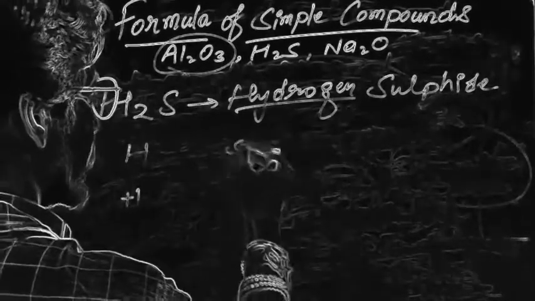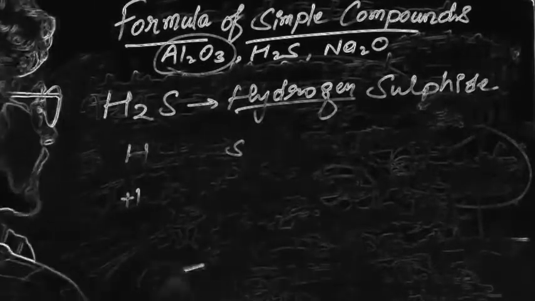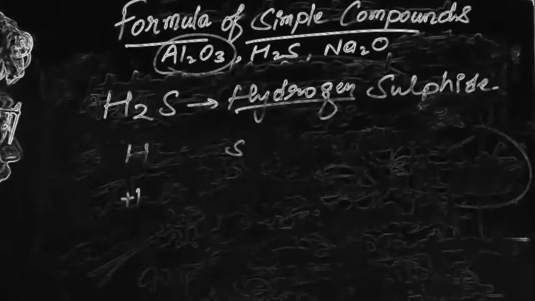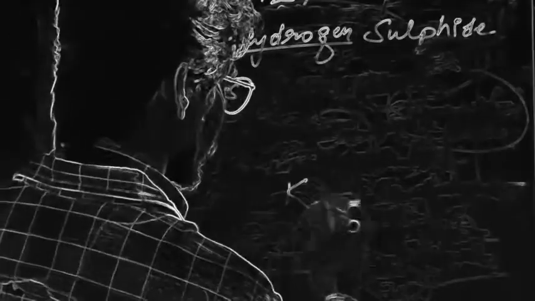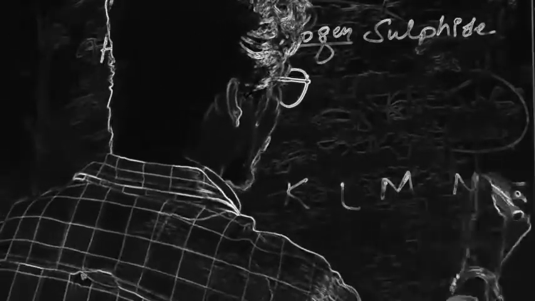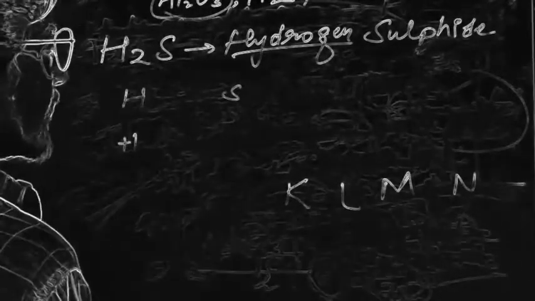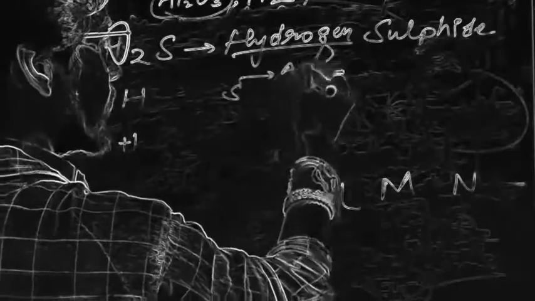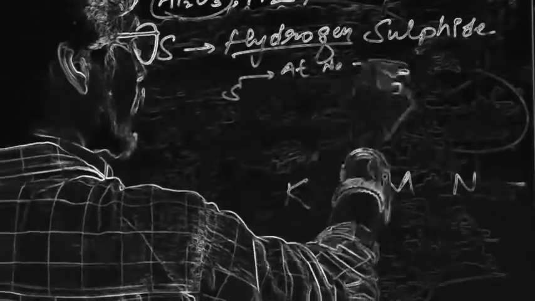Sulfide means sulfur and the symbol is S. Now suppose we don't know what is the valency of sulfur. So what you will do? KLMN. But for doing KLMN, that is electronic configuration, you should be knowing the atomic number of sulfur. So what is the atomic number of sulfur?